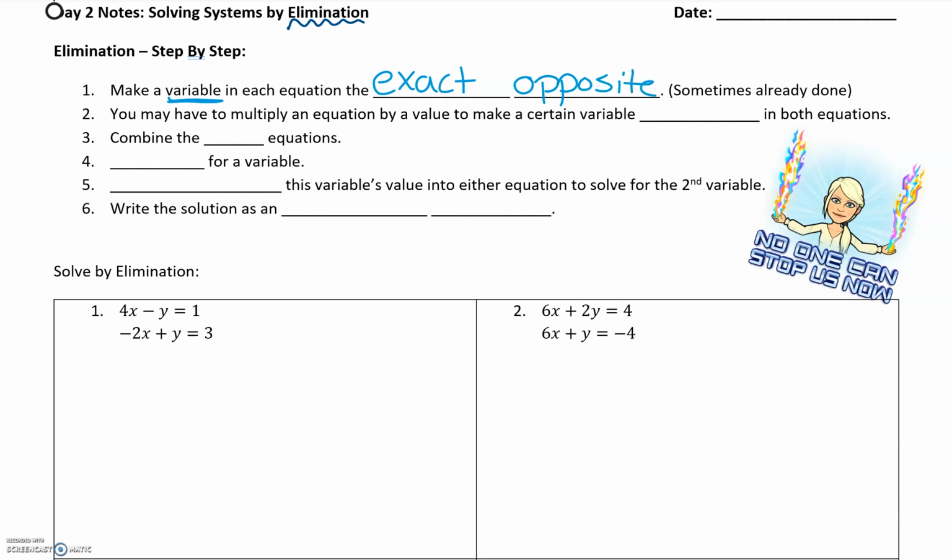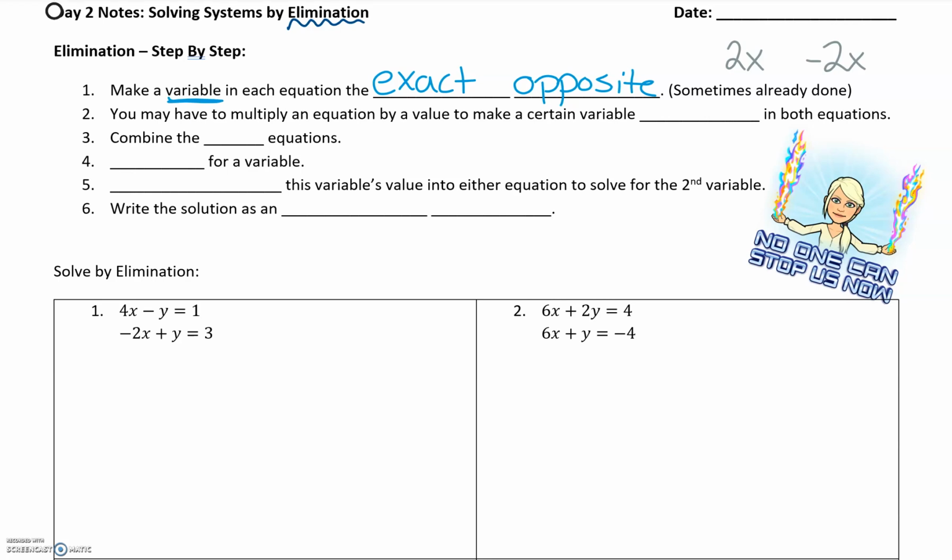Sometimes this is already done. Well, what do I mean exact opposite? For example, if we have the term 2x in one of our equations, the other equation, we would want it to have a negative 2x. Because if I add them together, they eliminate each other.